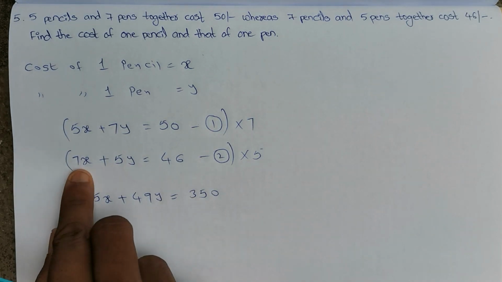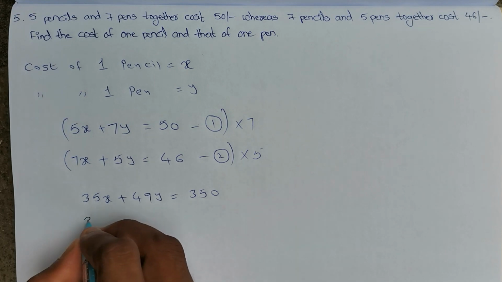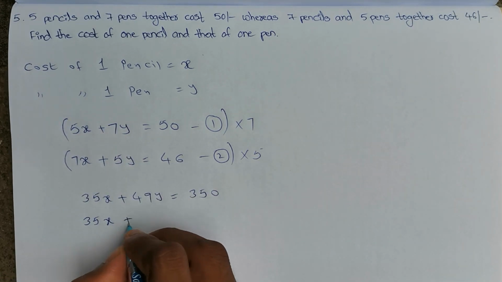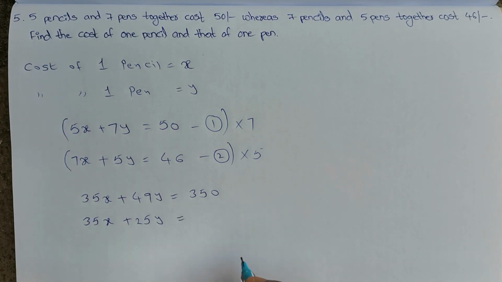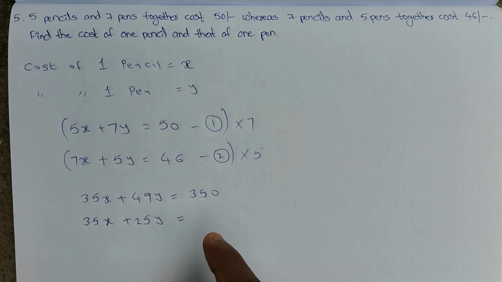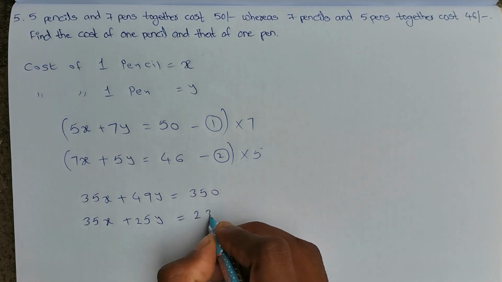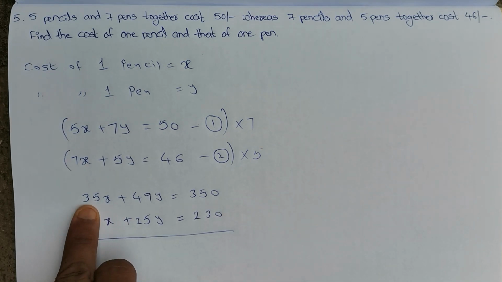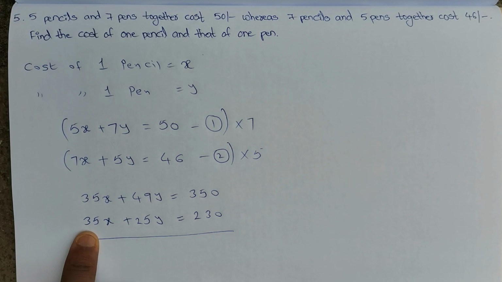Second equation, 7X into 5, 35X, 5Y into 5, 25Y is equal to 46 into 5, 230. Now if we observe these two equations, here X coefficient is 35, here also X coefficient is 35. So in both the equations X coefficients are same, so we can solve this now.